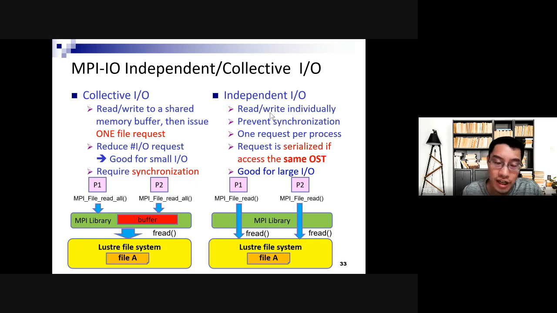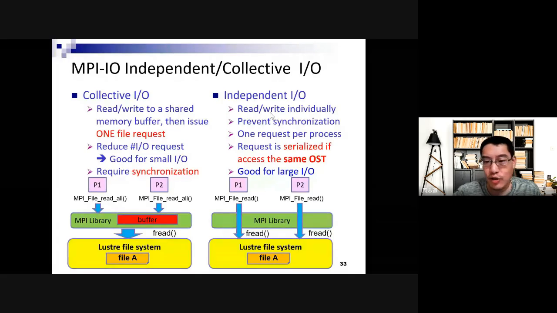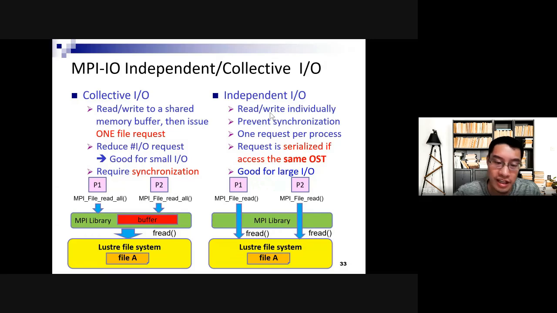And if you do collective I/O, because it's a collective call, you must make sure all the processes call the read-write call, no matter whether you try to access data or not. Even say you have 100 processes and you only have 90 data elements, so only 90 out of 100 processes want to read the data.